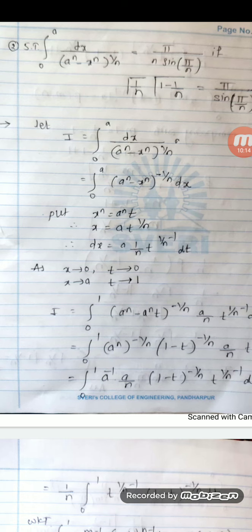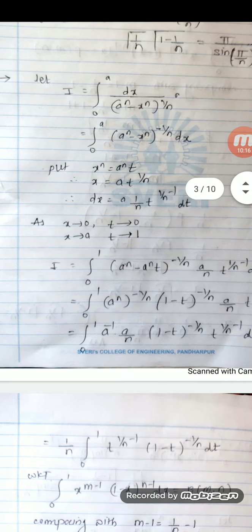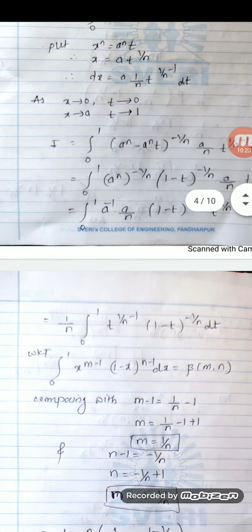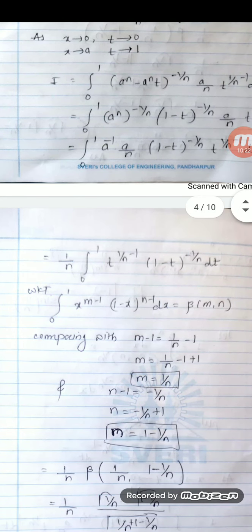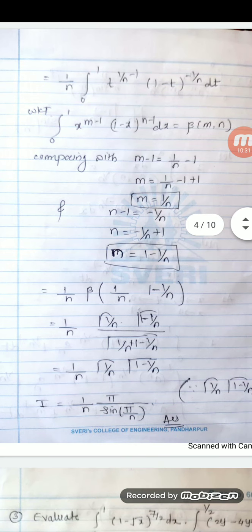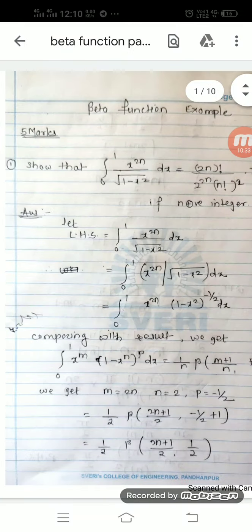So my substitution will be x raised to n equal to a raised to n t. Find x, find dx, then the limits, put the values, take the constant common and use the definition of the beta function. Then you will get the solution of such examples. Hope you have understood. Thank you.